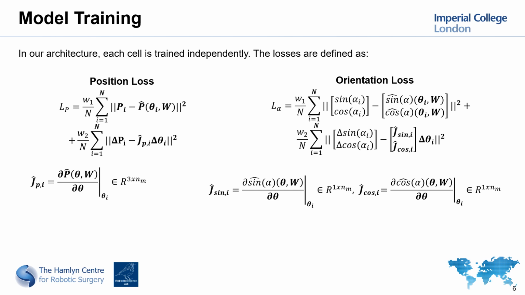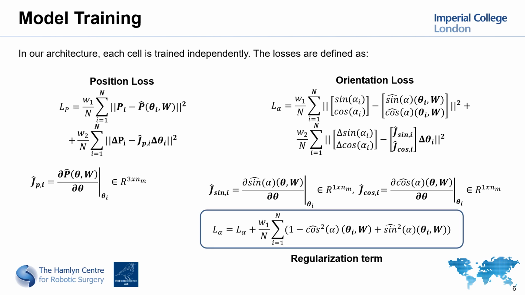It's possible to directly extract these Jacobians from the network architectures. For the orientation, since we're learning this trigonometric representation, we also add a regularization term to make sure that the trigonometric equality is satisfied.